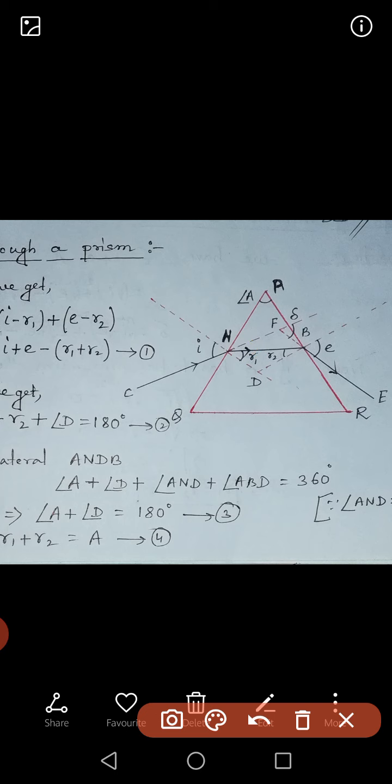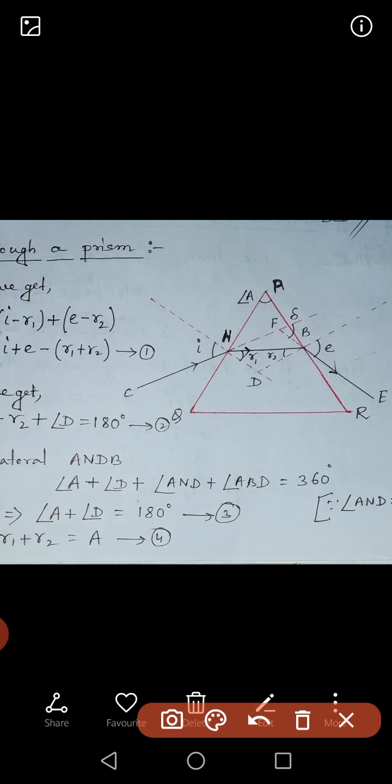Now if this angle is I, this angle is also I, vertically opposite angles. If this whole angle is I, but one part of this is R1, what is the remaining angle? I minus R1. Which angle is that? Angle FHB. This angle is I minus R1. I hope it is clear.